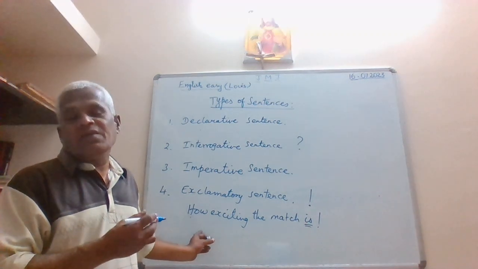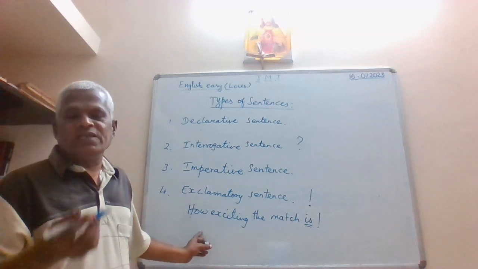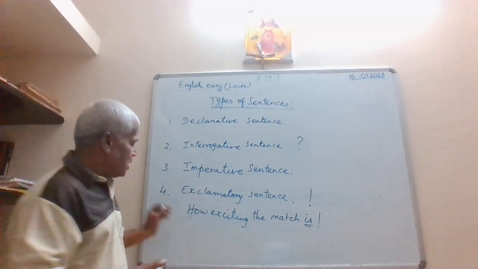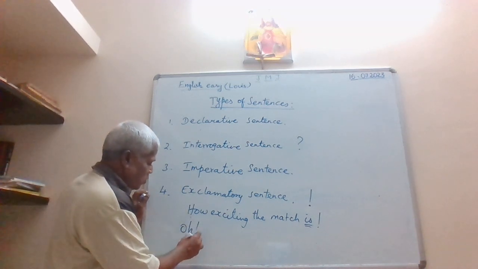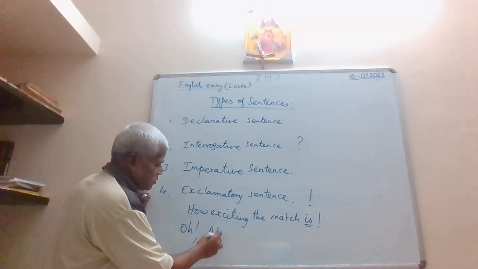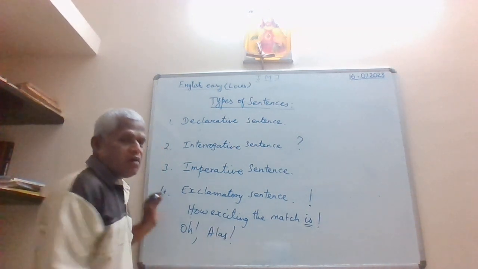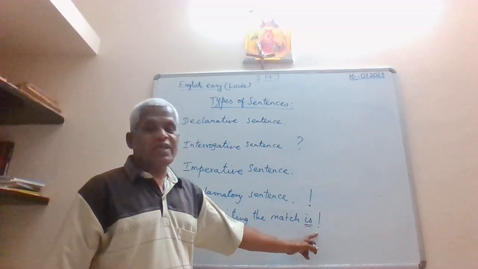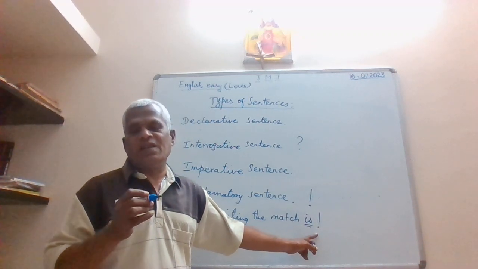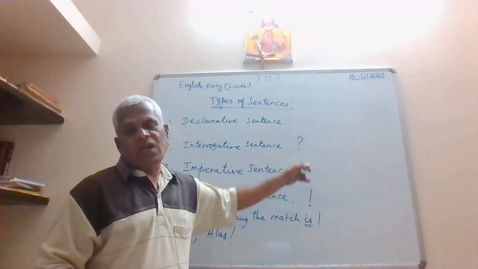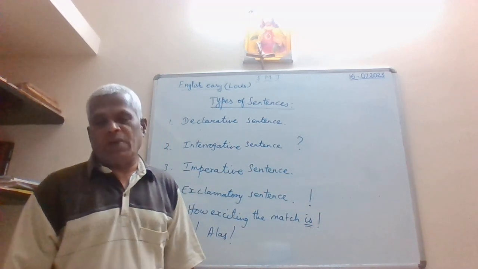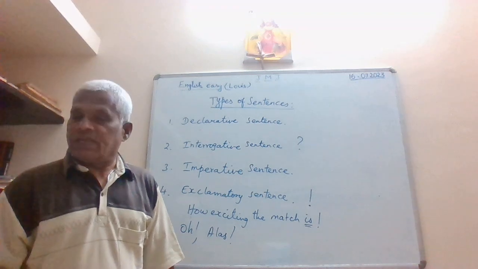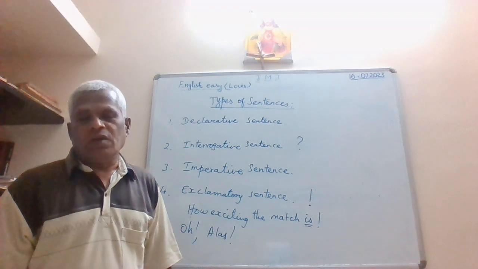And this exclamation could be easily understood by certain exclamatory words like oh, alas. There are many words you can think of. But make sure that an exclamatory sentence always ends with an exclamation mark, like your interrogative sentence ends with a question mark. Is that clear? Good.